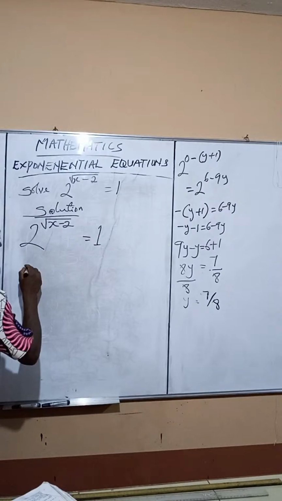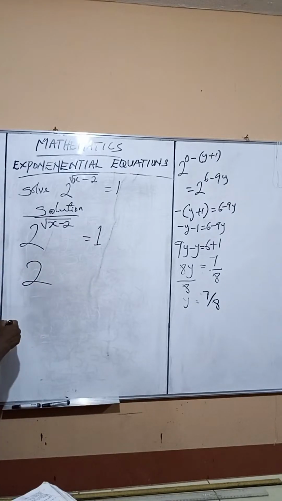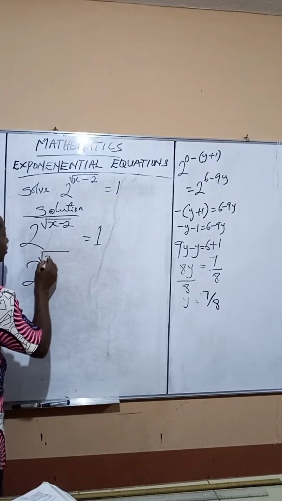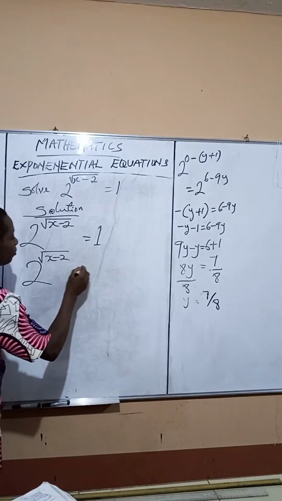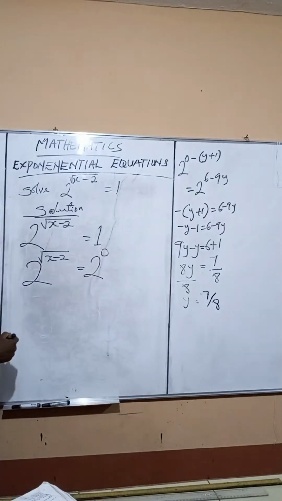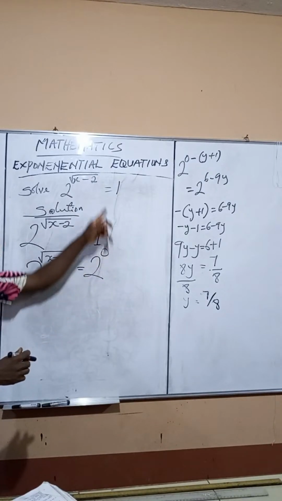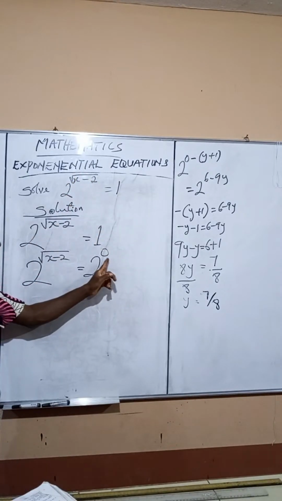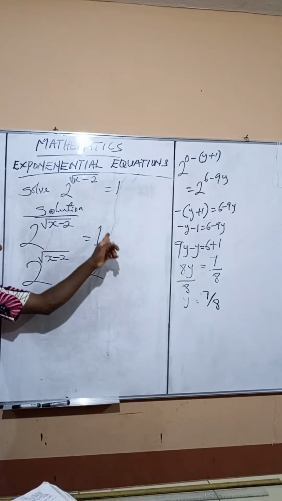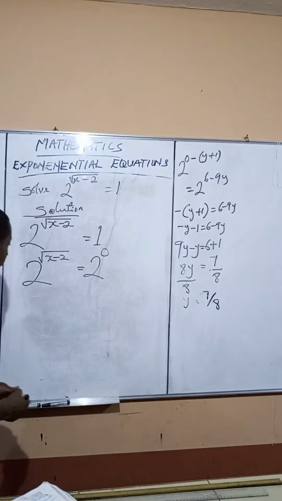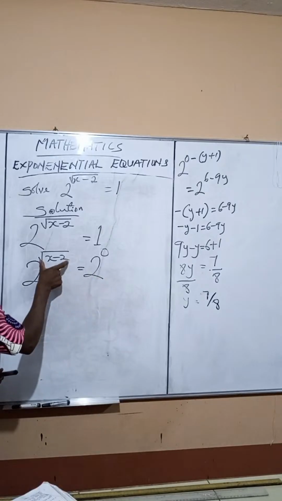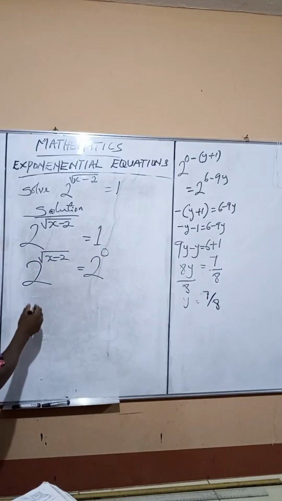So it is that straightforward, which means we are going to write 2, bring everything here, then equals to 2 with the exponent to be 0. And when the exponent is 0, we are going to have 1. Now that the base is equal, just equate the exponents, the same method all through.